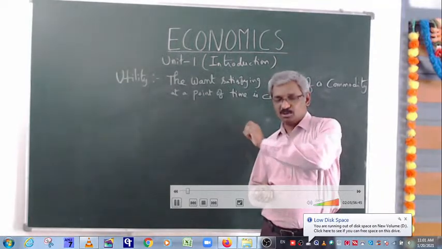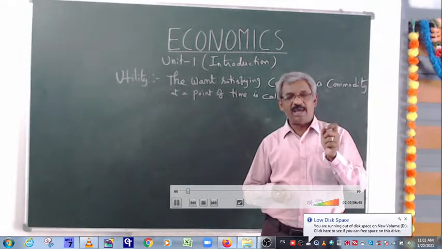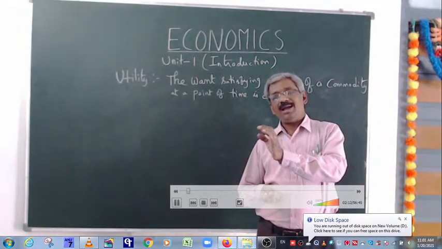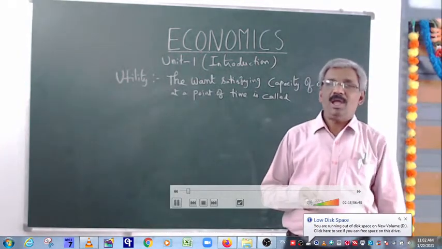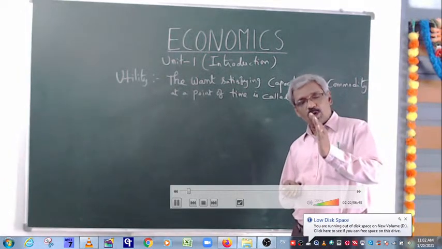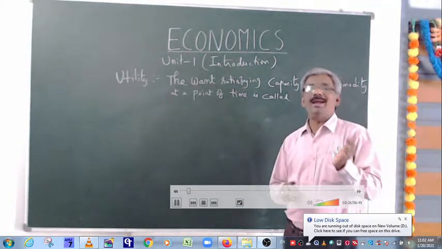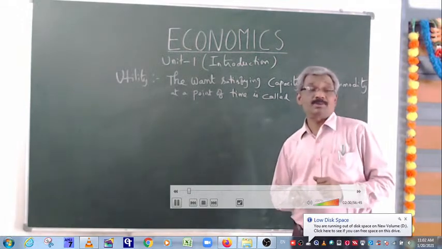Consumer goods are again divided into two types, perishable goods and non-perishable goods. Another important type is intermediary goods. Also very important are free goods and economic goods. This was also discussed in the previous class.